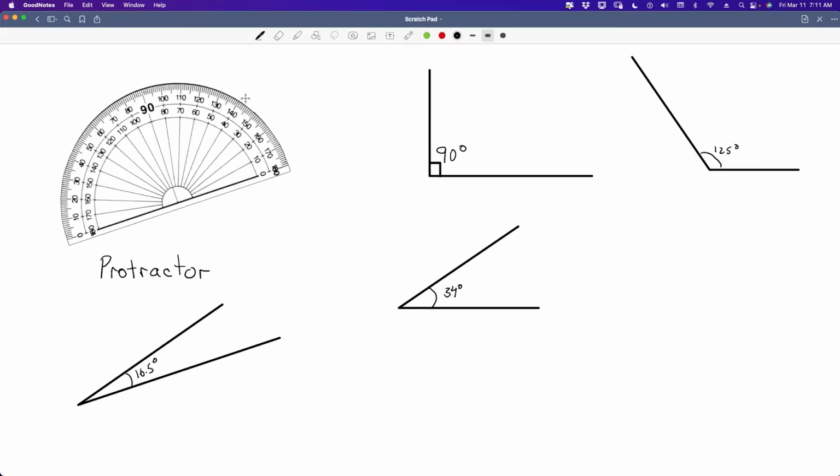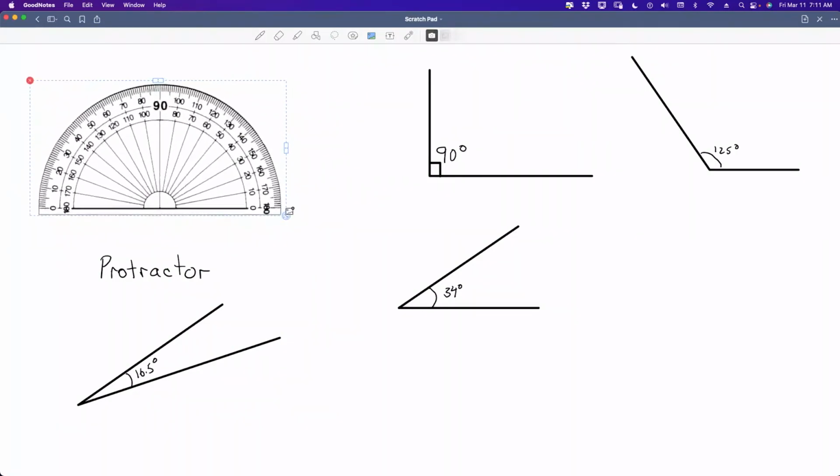And if you have a line that comes in between two tick marks, that's what you would do. You would just call that 0.5, halfway. But wherever the bottom of the angle is, that's where you twist your protractor to. You always line it up with the bottom.